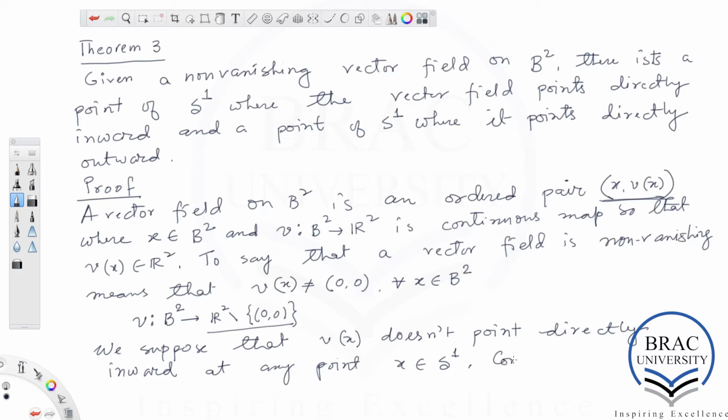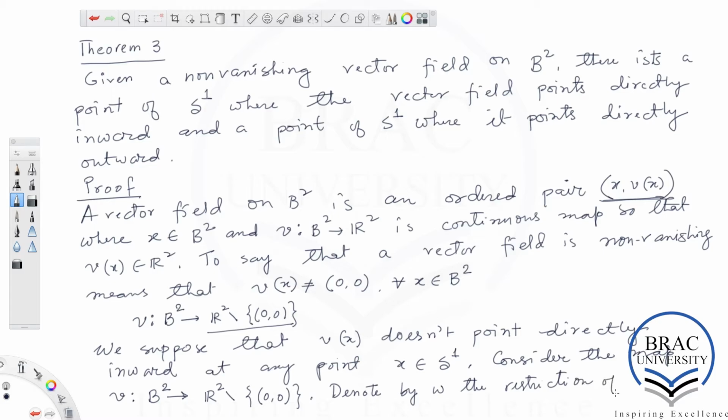Now consider the map V from B2 to this punctured plane. Denote by W the restriction of V to S1.